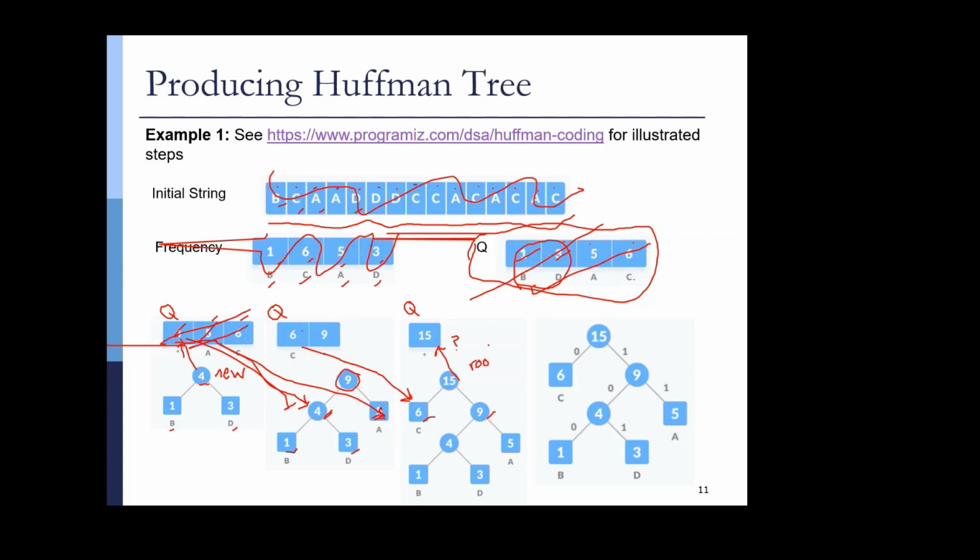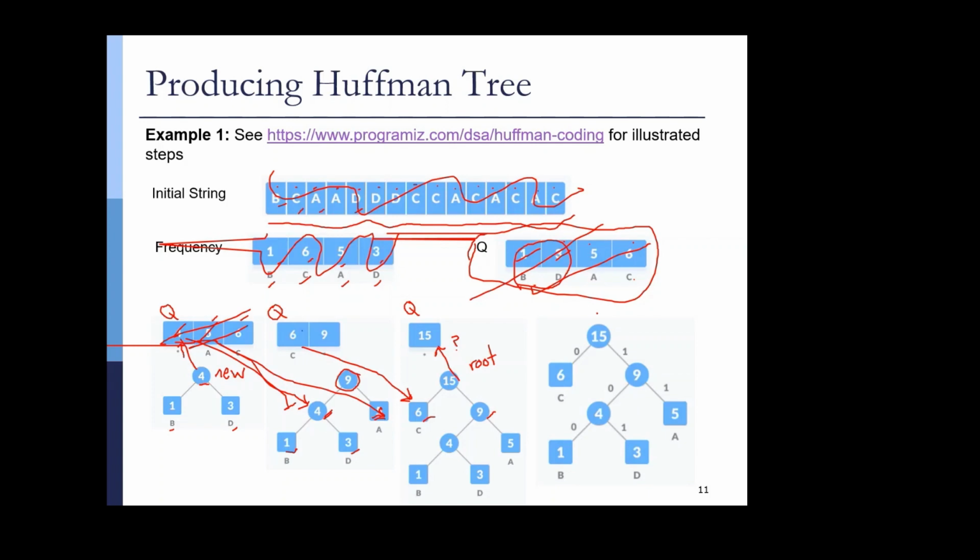No more already, right? So at this point of time, the next thing that you do is we label the left and right edges with 0, 1, 0, 1, 0, 1. Okay? We label them. So now this is what we call our Huffman tree.